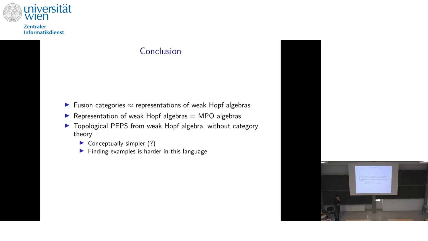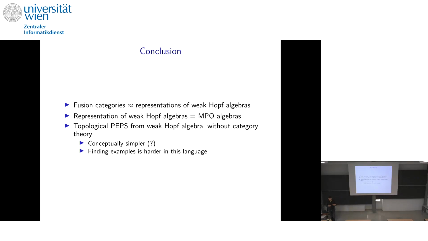All right, I think that's it. What I wanted to convey is that when people talk about fusion categories, you can think of them as representations of certain algebras. I think it's conceptually simpler, at least for me. Then you can think of the representations of VCOP algebras as matrix product operator algebras.